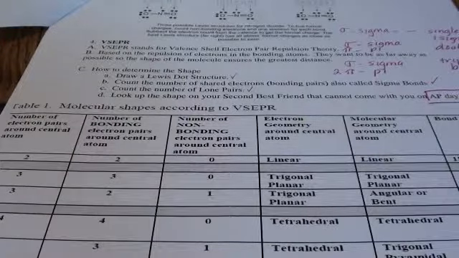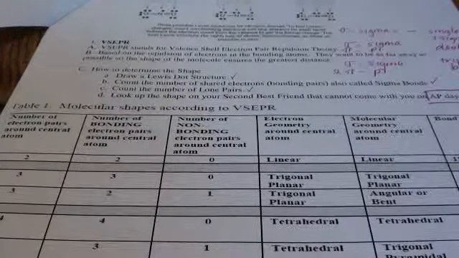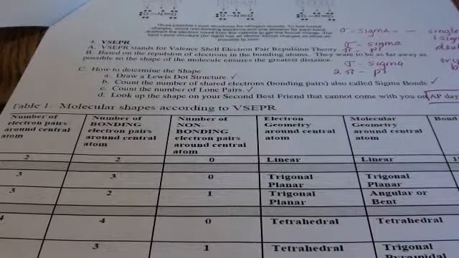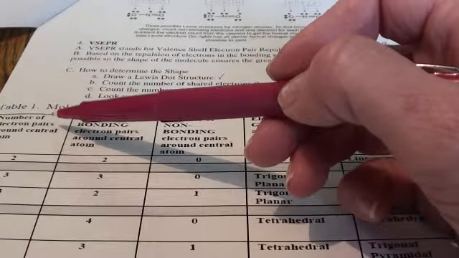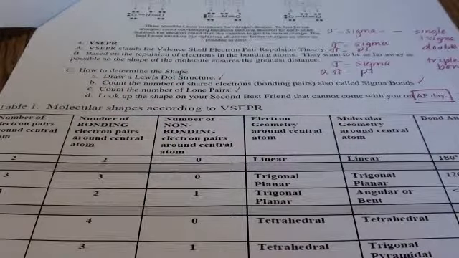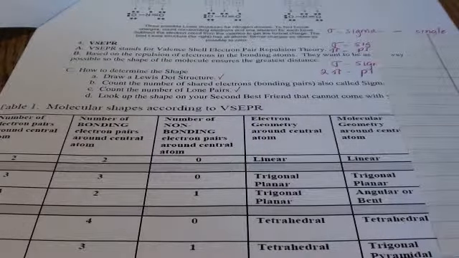So then it's just you counting electron domains. You're going to use the chart and figure out the shape. So let's take our CO2 as an example.